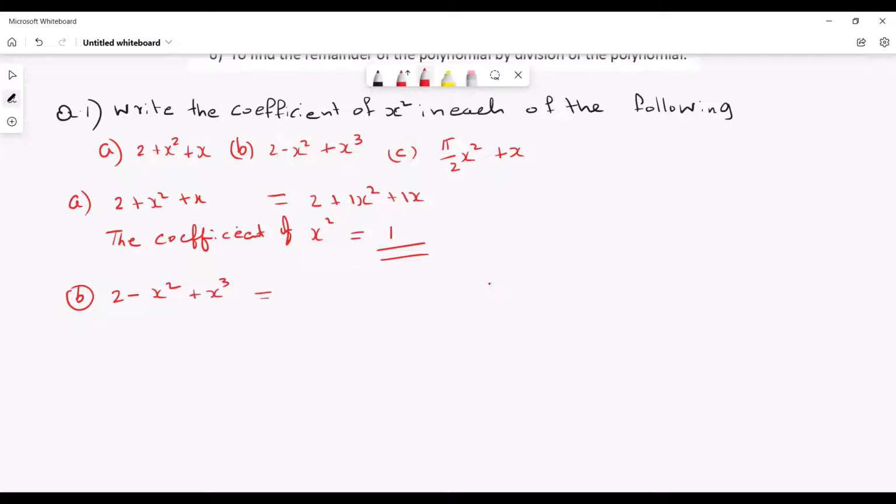Same way as we wrote earlier, we can write it as 2 minus 1 x square plus 1 x cube. So the coefficient of x square here is minus 1.